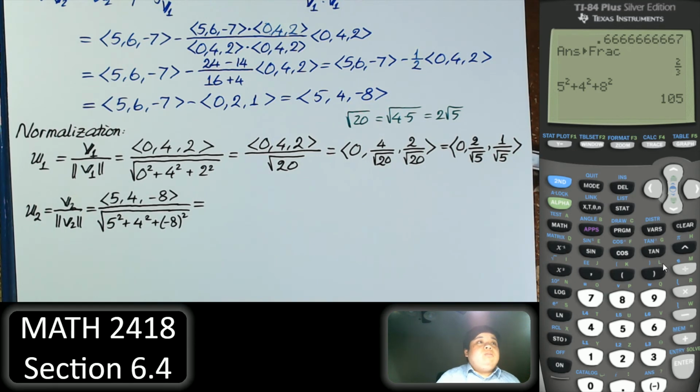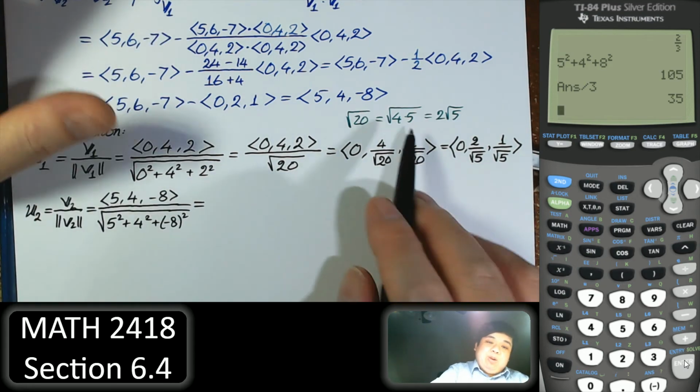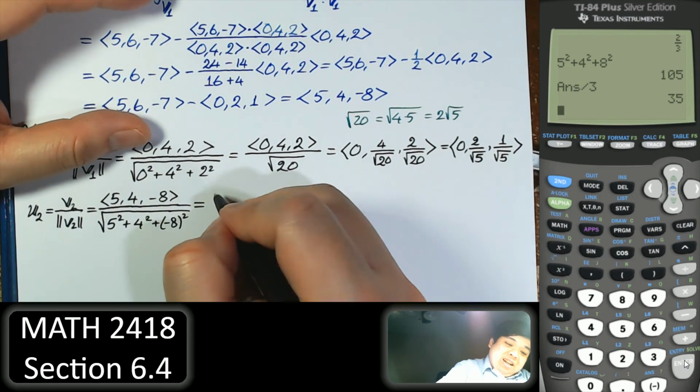Let's see, it's divisible by 3 and 5 and 7, so we cannot reduce anything like what we did here.